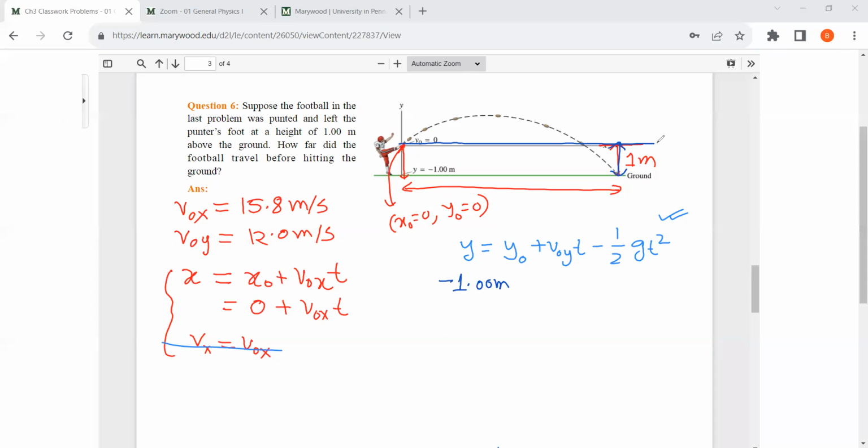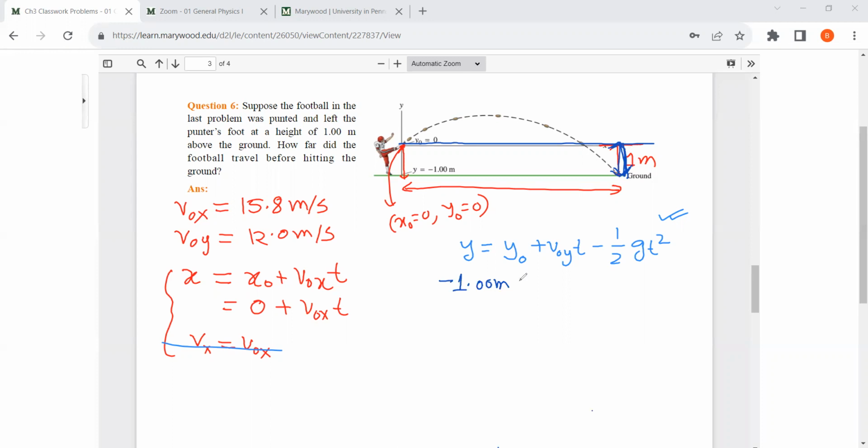Will be negative. So although this is 1 meter, the correct number will be -1 because it is below the y equals 0 line.